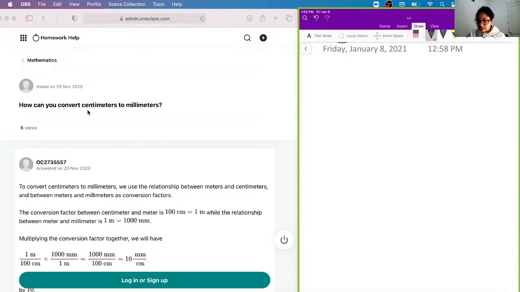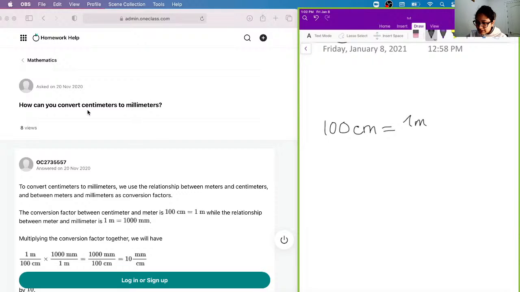However, to convert centimeters to millimeters, we will use the relationship between meters and centimeters. And so basically, the conversion factor between centimeter and meter is that 100 centimeters is equal to 1 meter.